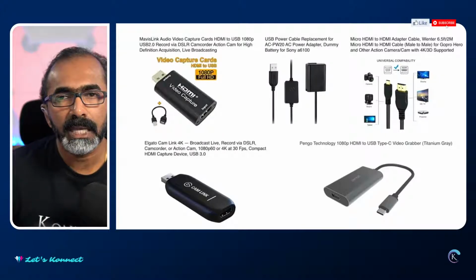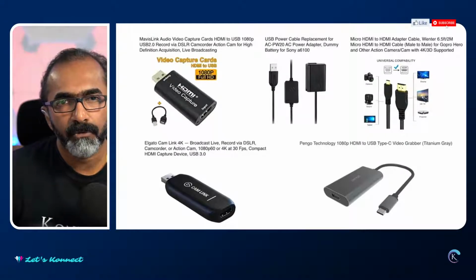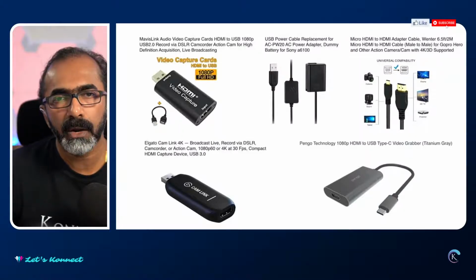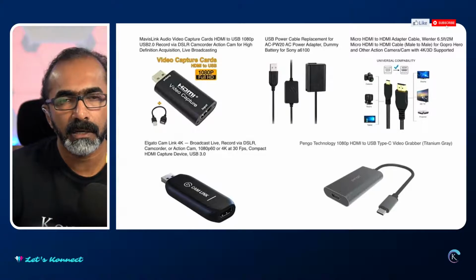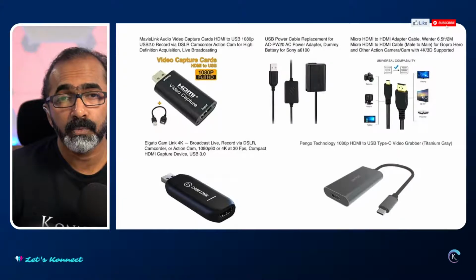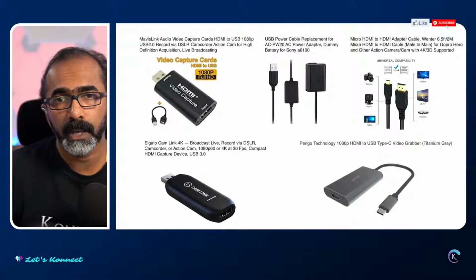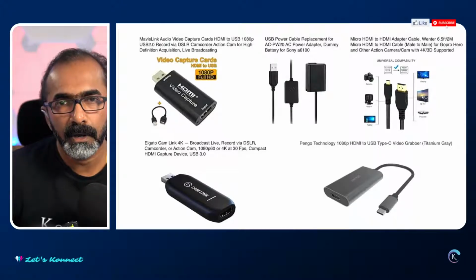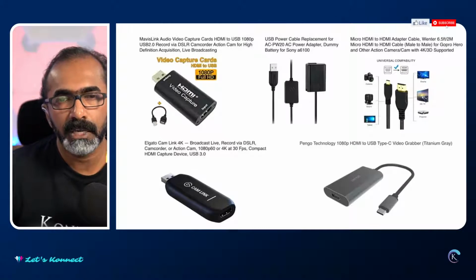The second one is the Elgato CamLink 4K capable audio video capture card. The difference between Elgato CamLink and Mavis Link is that Elgato CamLink is a much higher quality audio video capture card. You get a much sharper, better quality video feed into your computer. Plus, it is also future proof.